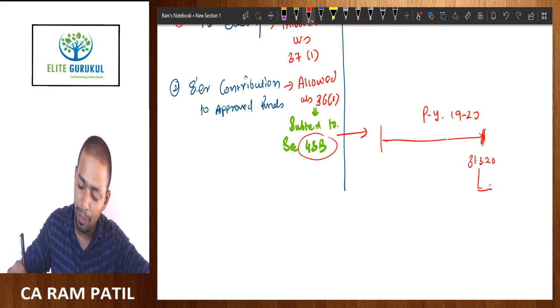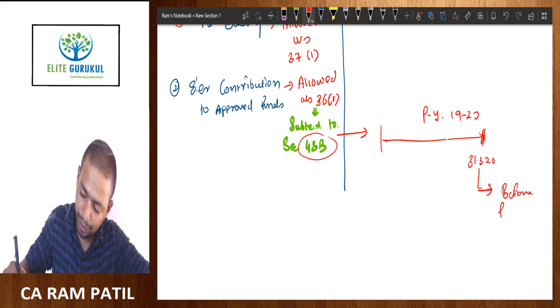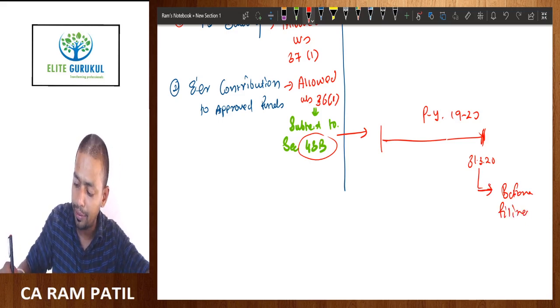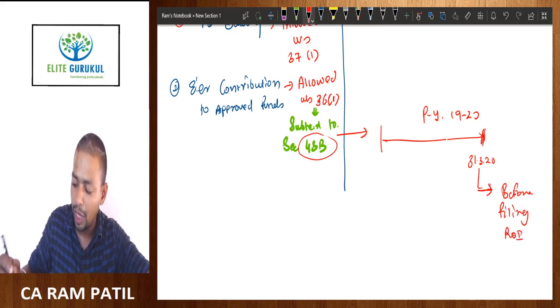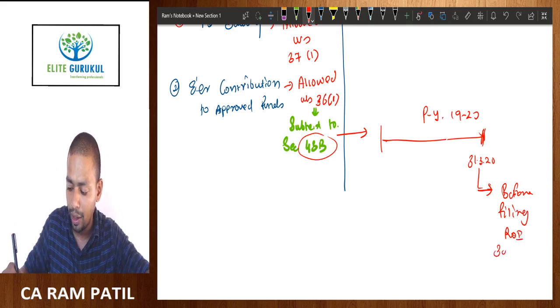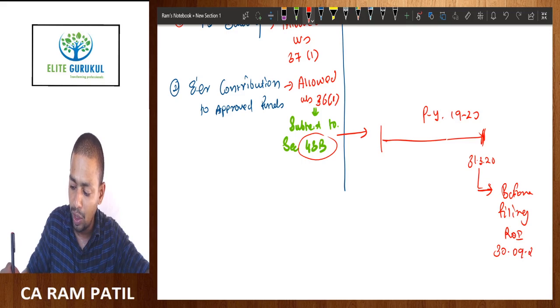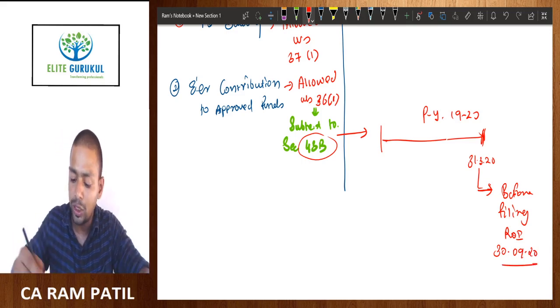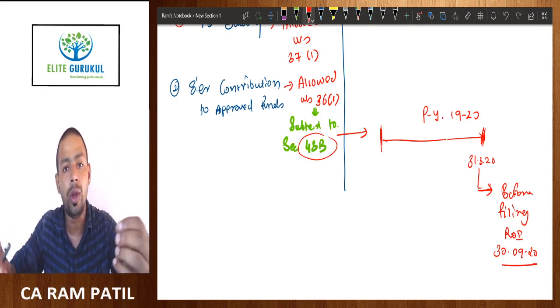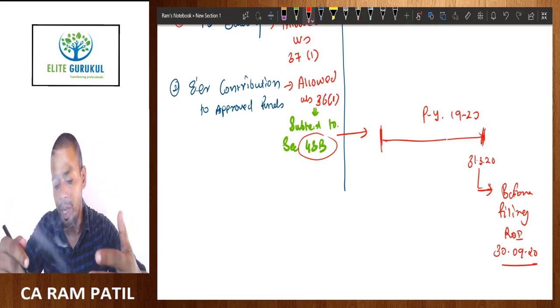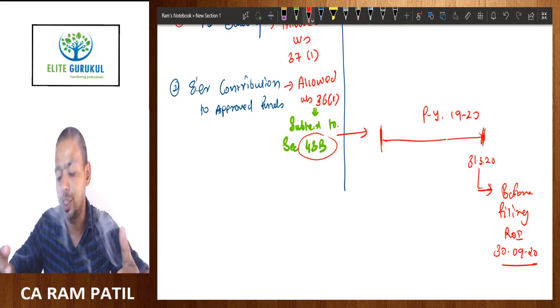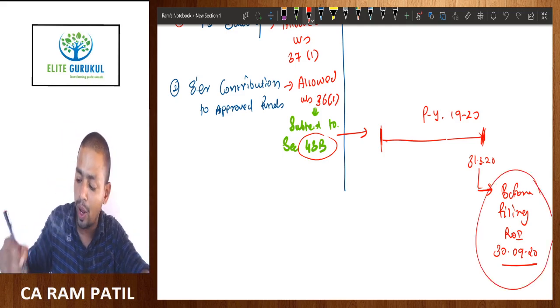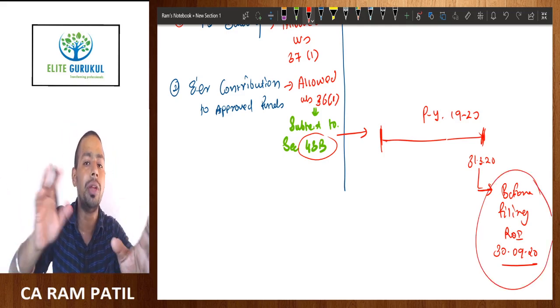You can still make payment before filing ROI, and usually organizations file ROI, assuming it is the audit assessee, on 30th September 2020. Please understand. So any contribution that employer was supposed to make in this 1920, he can make either in 1920, but he can also make after 31st March, but before filing ROI or due date of ROI, whichever is earlier.